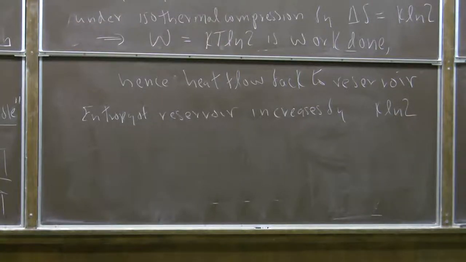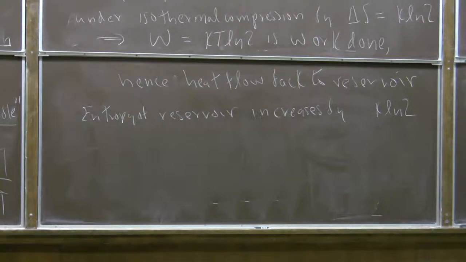So when I got work from the reservoir operating this large machine, I pulled entropy K log 2 from the reservoir. I used that heat to do work KT log 2. Energy KT log 2 that I drew from the reservoir.